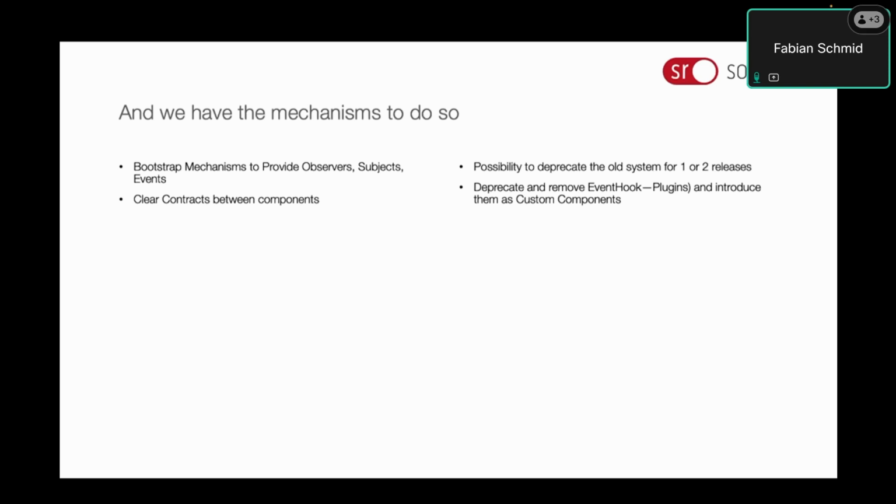There are those mechanisms available that components can define their subjects, what they want to emit. They can define their events and how event data looks. And the coupling between components can be done with the same mechanisms we want to have for all other communication between components in Ilias.